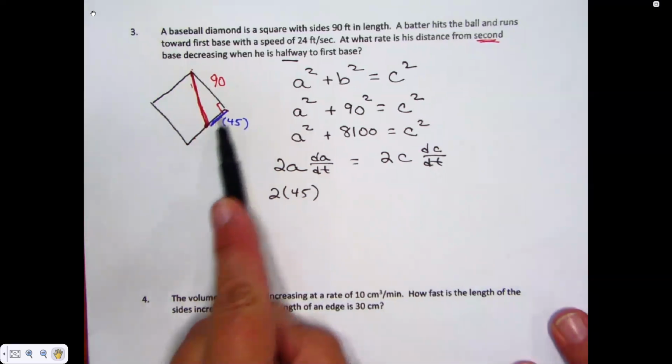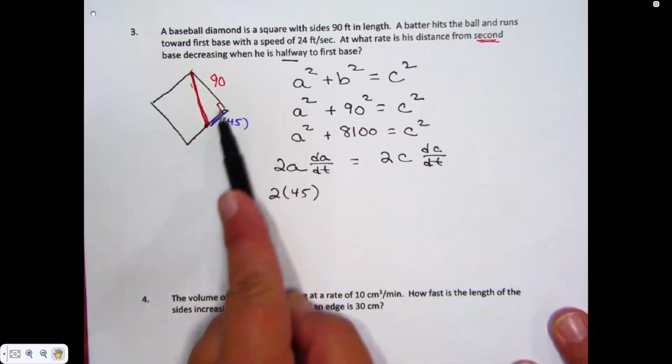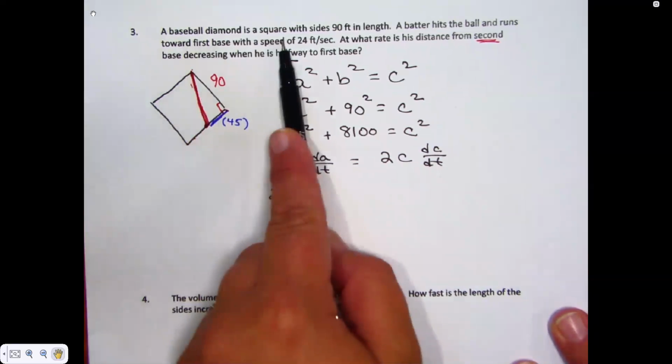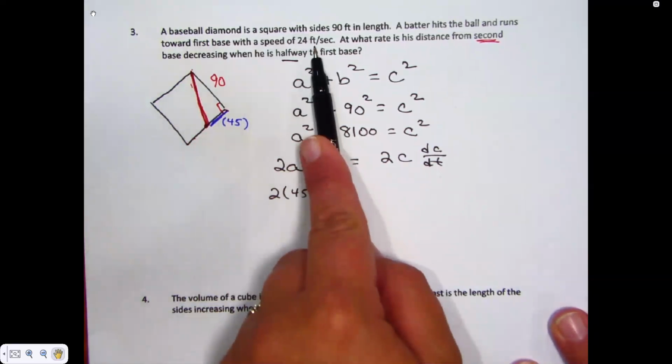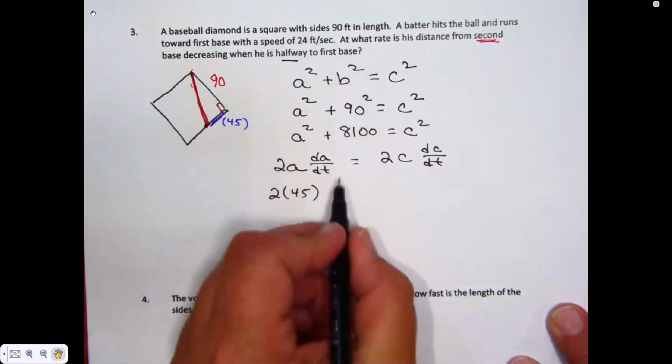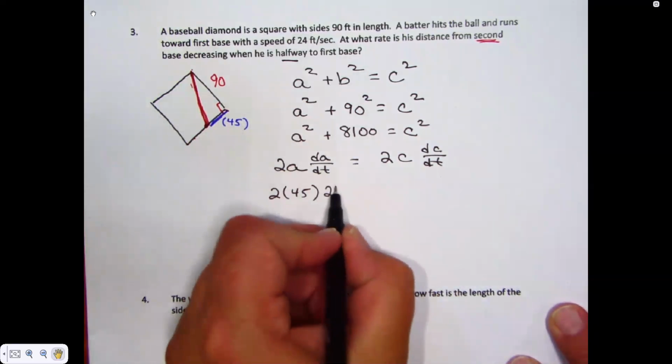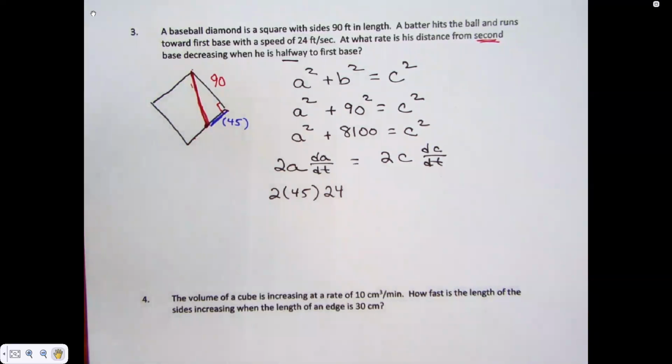The rate deals with him running, so that would be this side as well, and that is the speed, or his rate, which is 24.